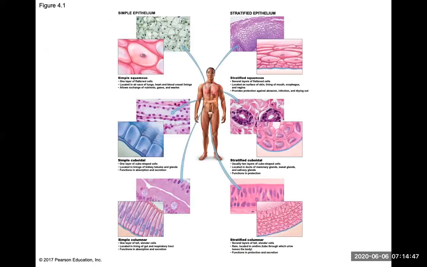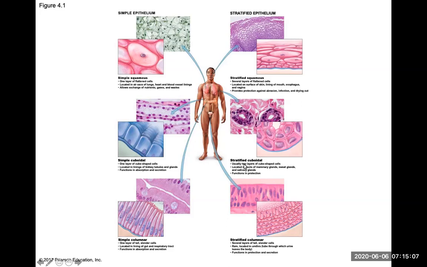So here's a look at examples of simple epithelium, 1 layer of flattened cells located in your lungs, heart, and blood vessel linings. And that allows for exchange of nutrients, gases, and wastes. Stratified epithelium, stratified squamous, is several layers of flattened cells.